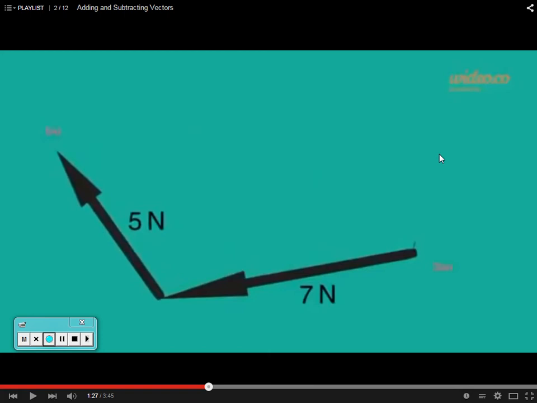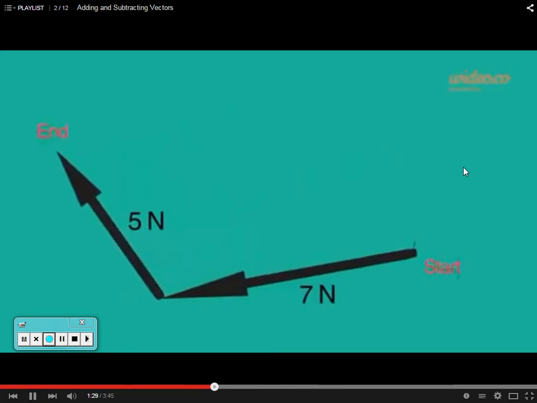Now, the last thing we did is these 2 will now add, and to work out which direction they actually add to, we're going to draw another final vector from where to where? From the start to the finish. Be careful, it's always got to go from start to finish. Don't go finish to start, that's going backward. So we're now going to draw a final arrow.